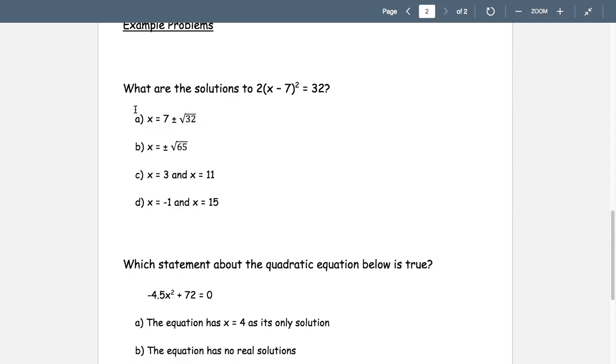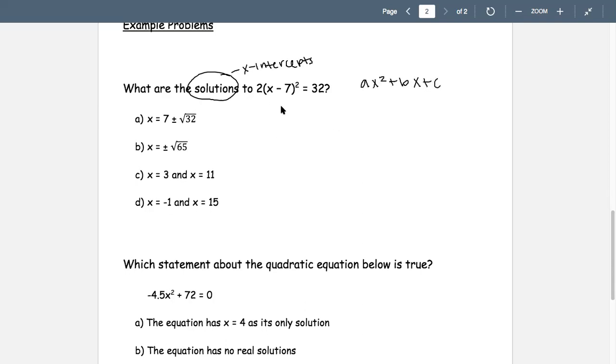So this question asks, what are the solutions to this equation right here? What does solutions mean? The answers. The x-intercepts. So it's asking for the x-intercepts. But if you look at this, does this look like ax squared plus bx plus c to you?